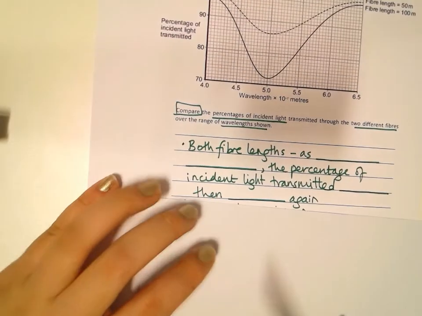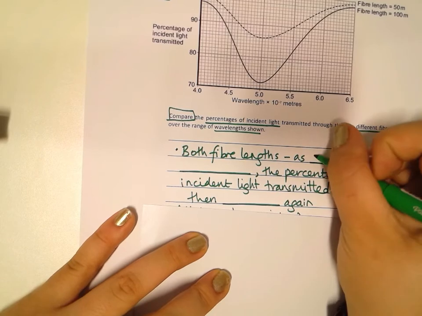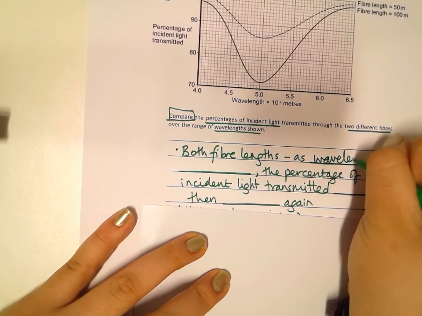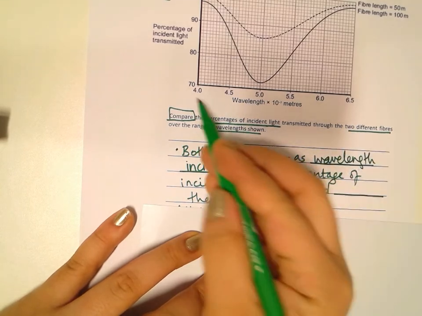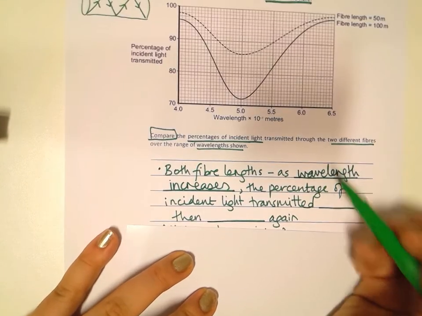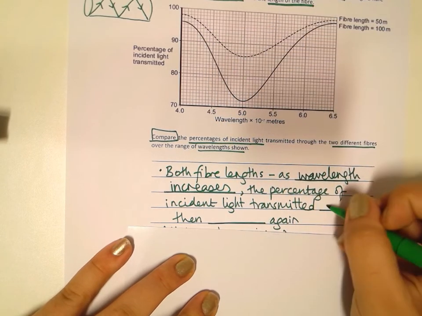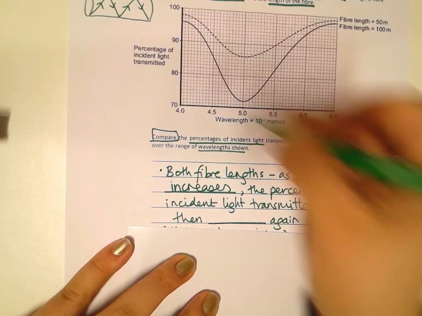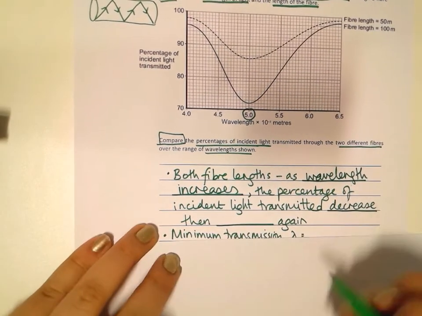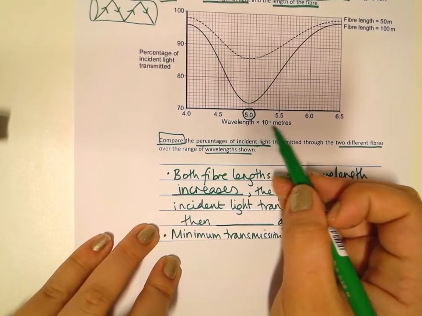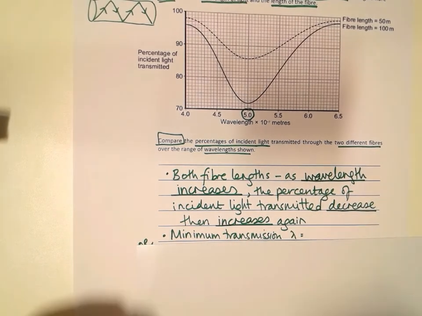So for both fiber lengths, as wavelength increases, going from 4 to 6.5, the percentage of incident light transmitted seems to decrease, and at about 5 times 10 to the power of negative 7 meters, they start to increase again.